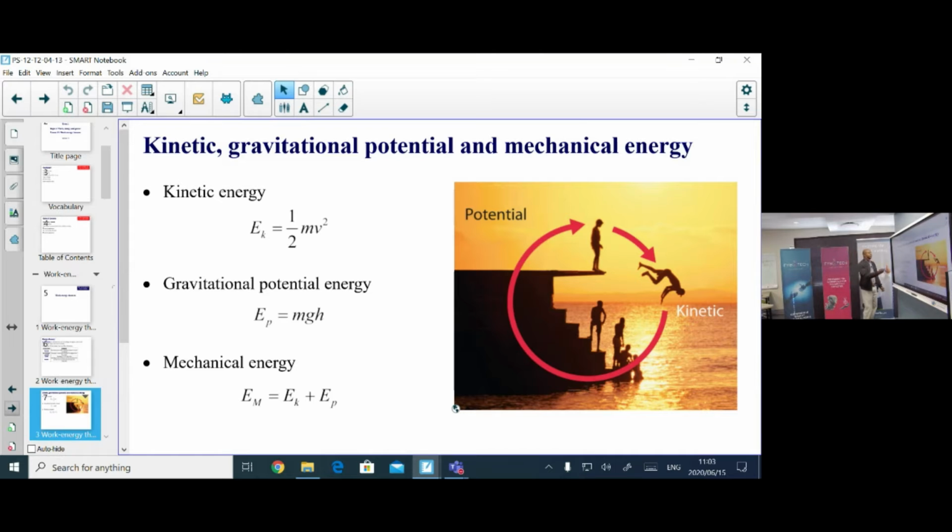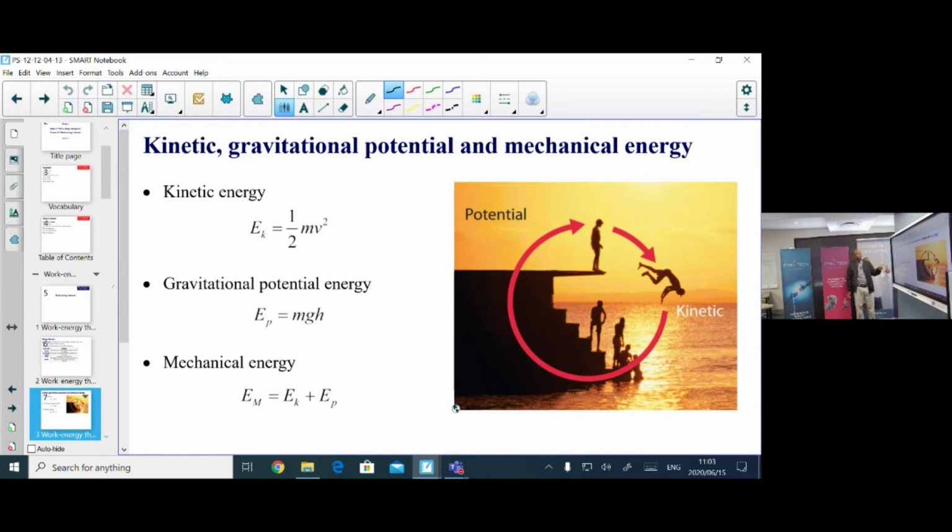This is how you write the formula of kinetic energy. Earlier I said that it is the energy of a moving object. We have EK, E sub K, which equals half mv squared. Firstly, you're supposed to know the mass of a particular object, and you must know how fast the object is, in order to get the kinetic energy.